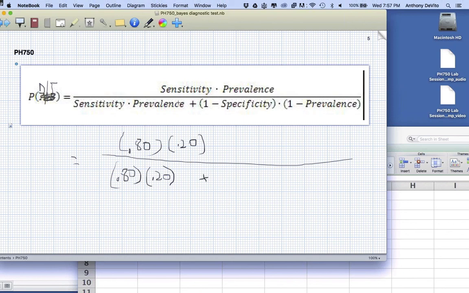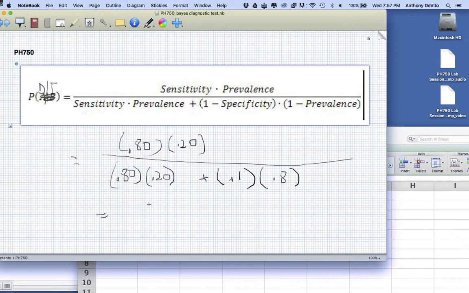Plus the other people that tested positive are people that don't have the disease, right? So it's going to be 1 minus the specificity, which is 1 minus 0.9, which is 0.1, times 1 minus the prevalence, which is 0.8. Yes, 0.8. Prevalence is 20%. 1 minus that is 0.8. So let's work this out.